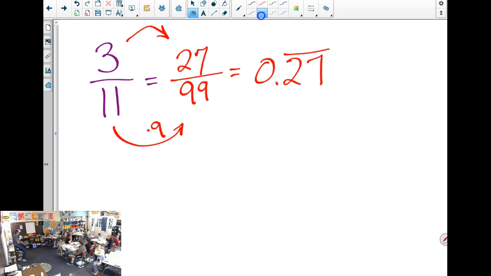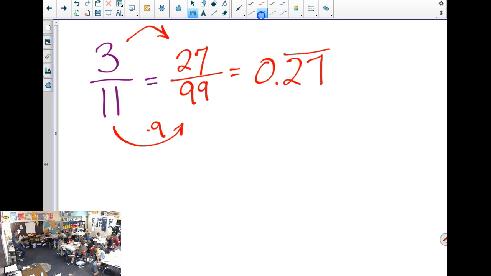Any denominator that can be turned into 9 or 99 or 999 or any amount of 9s, we can then apply this rule and get the decimal. So, the biggest chunk that I wanted you guys to get today is however many 9s are on bottom, that amount of numbers repeat. So hang on, we're not done yet.